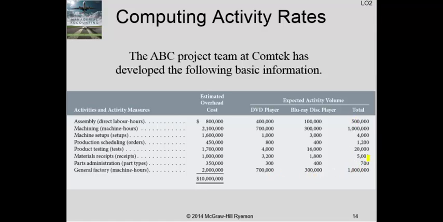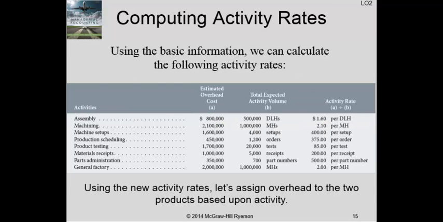But really it's this total for each of these that we're interested in, because what we're trying to do now is come up with the activity rates, and for that we're going to take the total cost of the activity, 800,000, divided by the total amount of the activity. So that 800,000 divided by the 500,000 direct labor hours we expect gives us our activity rates for each of these activities.